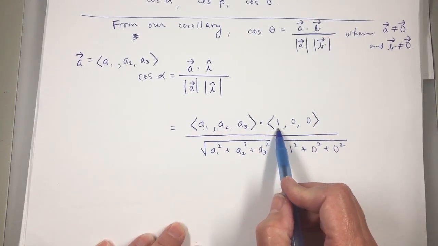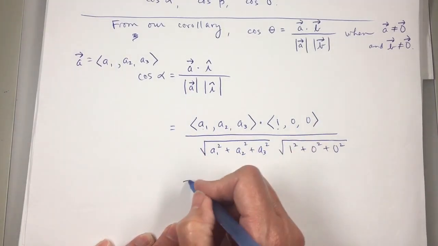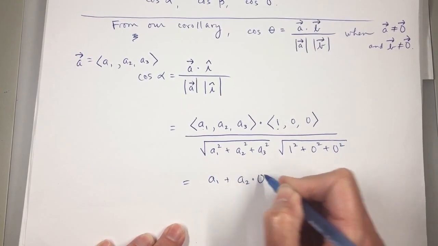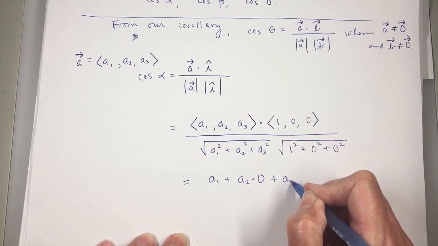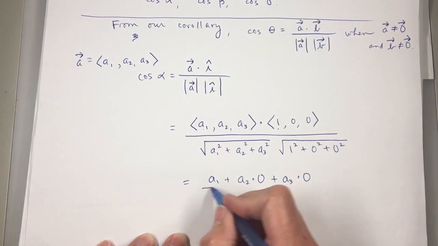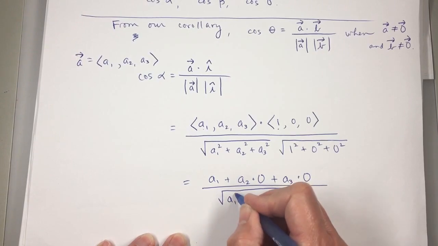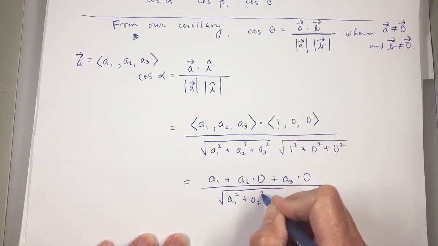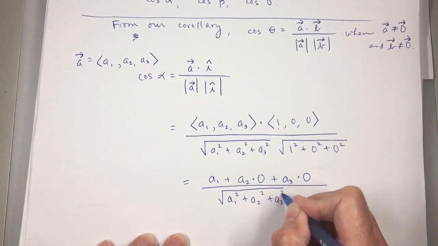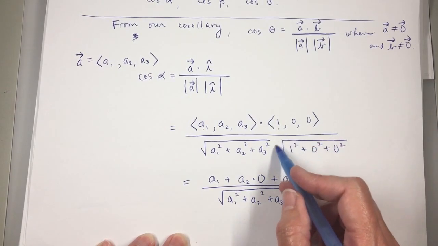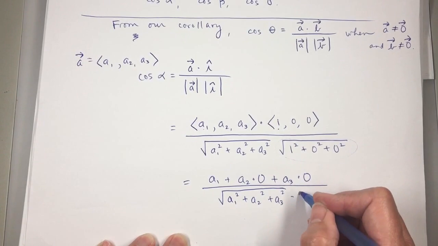A1 times 1 is A1. A2 times 0 is 0. A3 times 0 is 0. The bottom part is just the square root of A1 squared plus A2 squared plus A3 squared. What about this other square root? That's 1.